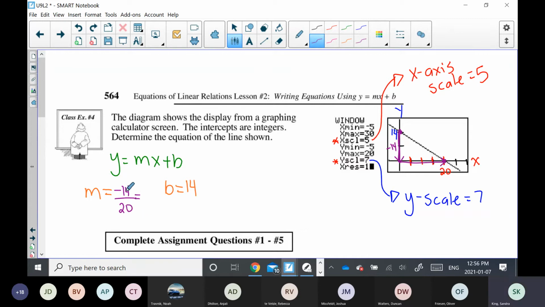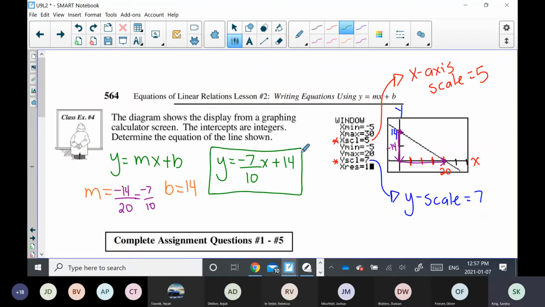You would need to reduce this, so divide each of these by 2. Negative 14 over 20 reduces to negative 7 over 10. So the equation of this line is y is equal to mx, where m, my slope, is negative 7/10, plus b. And that's how you would do this.